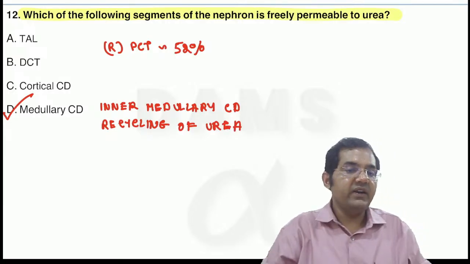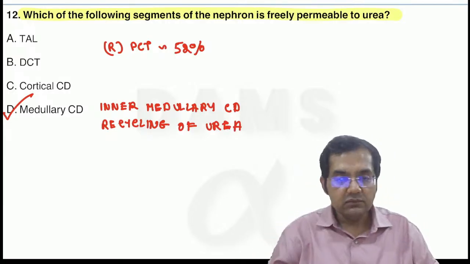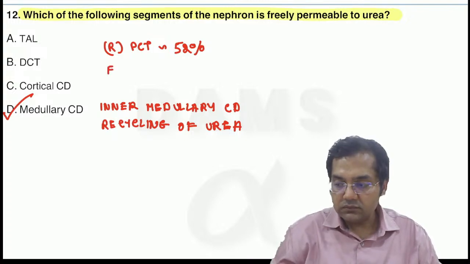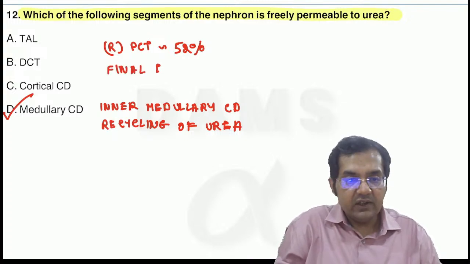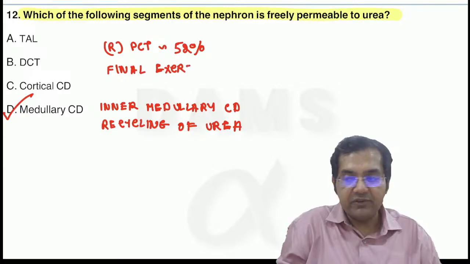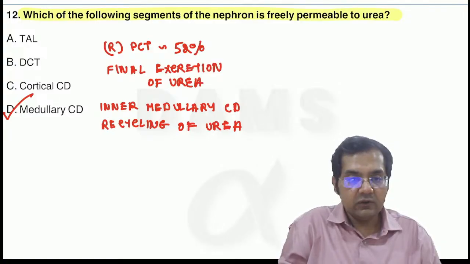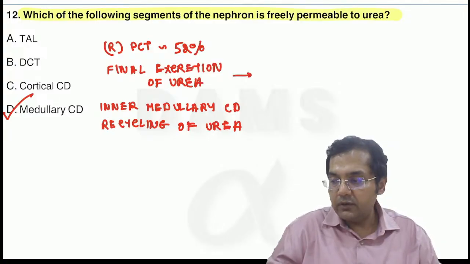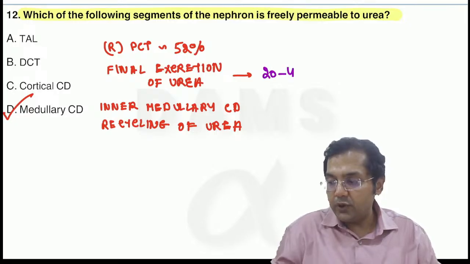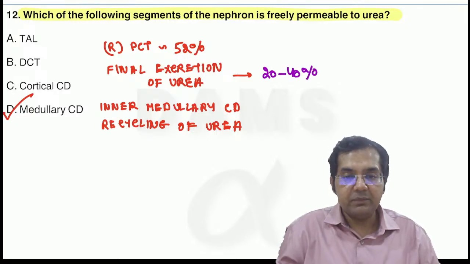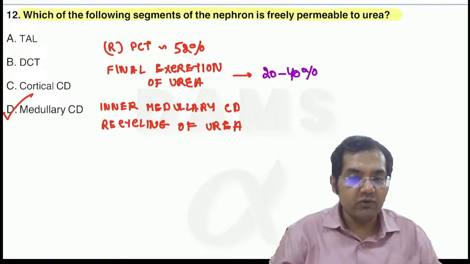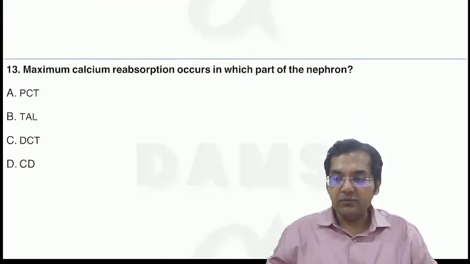Very important question. Final excretion of urea is only 20 to 40%, right? Fine. Let's move to question 13.